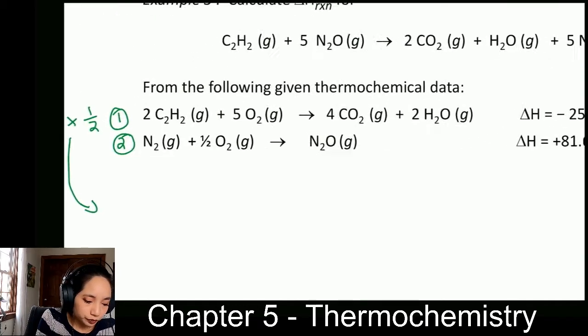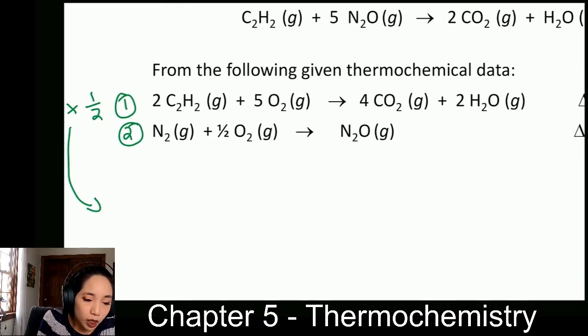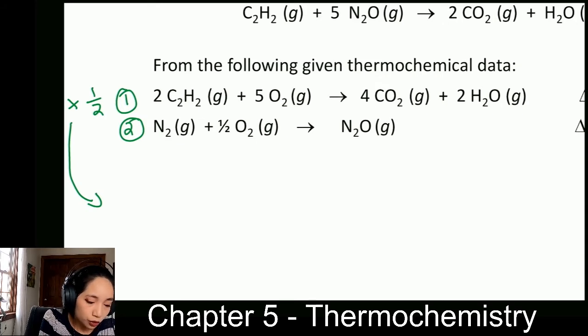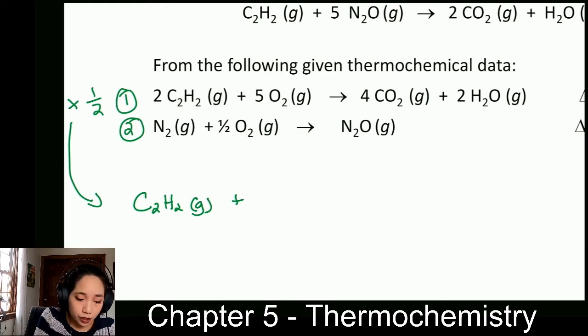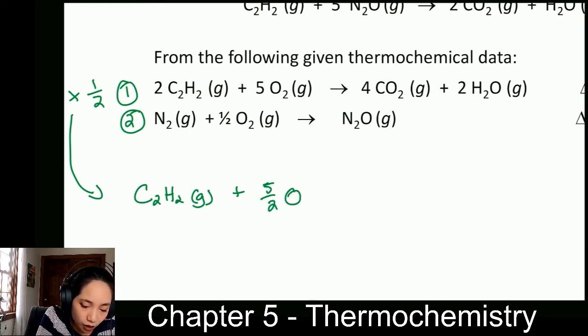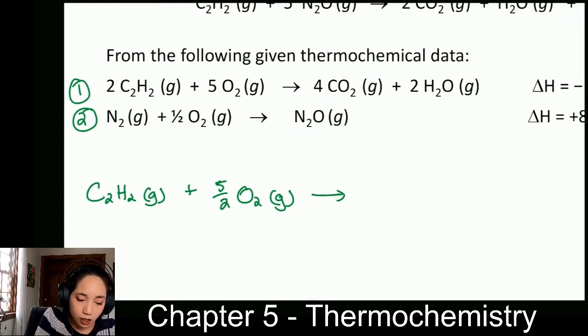So to get the coefficient of 1 in front of acetylene C2H2, I divide everything by 2. So the new thermochemical equation for that step will be, 2 divided by 2, so 1 C2H2 gas. The coefficient of 5 divided by 2, so this is 5 halves O2 gas, gives us 4 CO2s, but I'm dividing it by 2, so 2 CO2s gas.